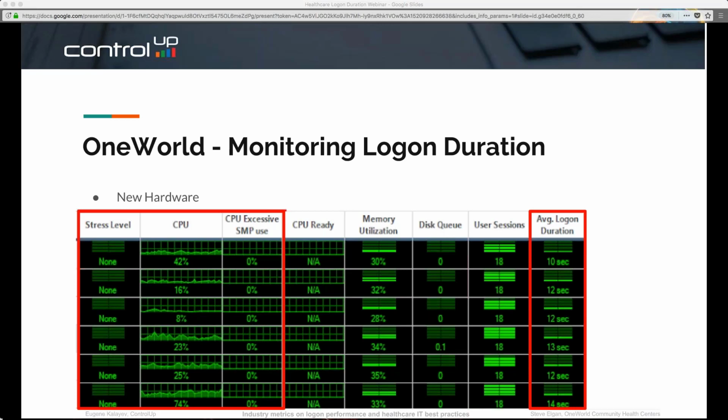So you see in the same screen the average logon duration on those machines from the end user perspective together in real time with the hypervisor metrics, which are so important to consider. The power of those two things combined in real time is, I think, one of the major enablers that monitoring your environment with Controller provides.